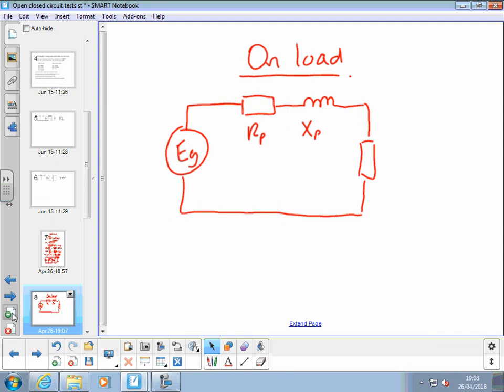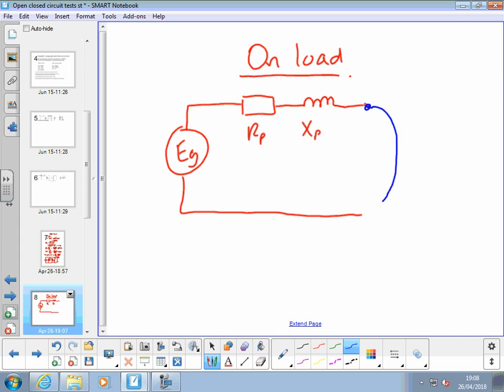But what we're saying with this test is we're short-circuiting that. So we're doing a short-circuit test. If that's 0 ohms, A squared times 0 is 0. So effectively that's doing nothing to the rest of the circuit except allowing current to flow. This is the short circuit test.